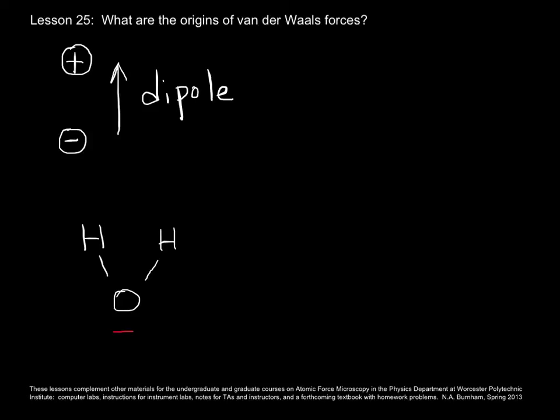The electrons from the hydrogen atoms have shifted down towards the oxygen, leaving the nuclei, the protons of the hydrogen atoms more exposed. So the water molecule then has positive and negative ends, and therefore it is a permanent dipole.